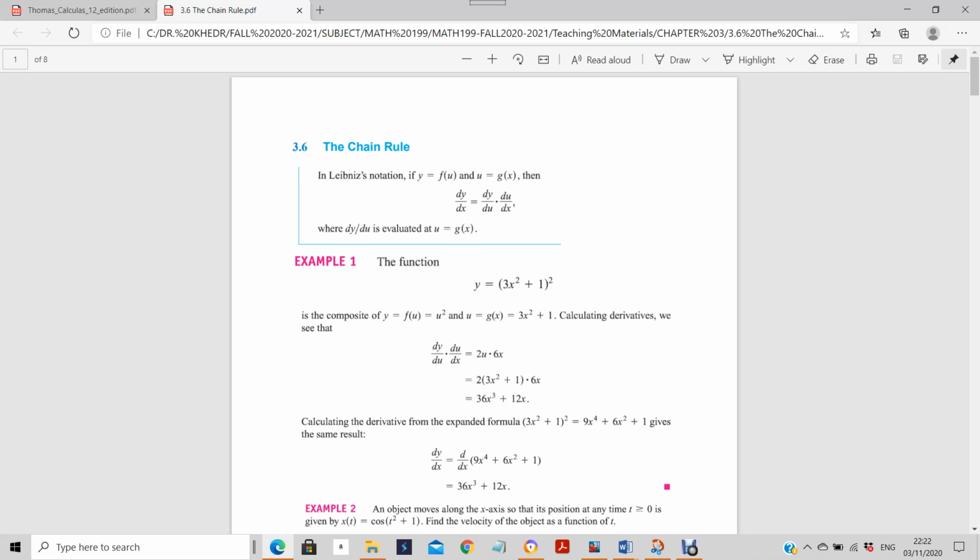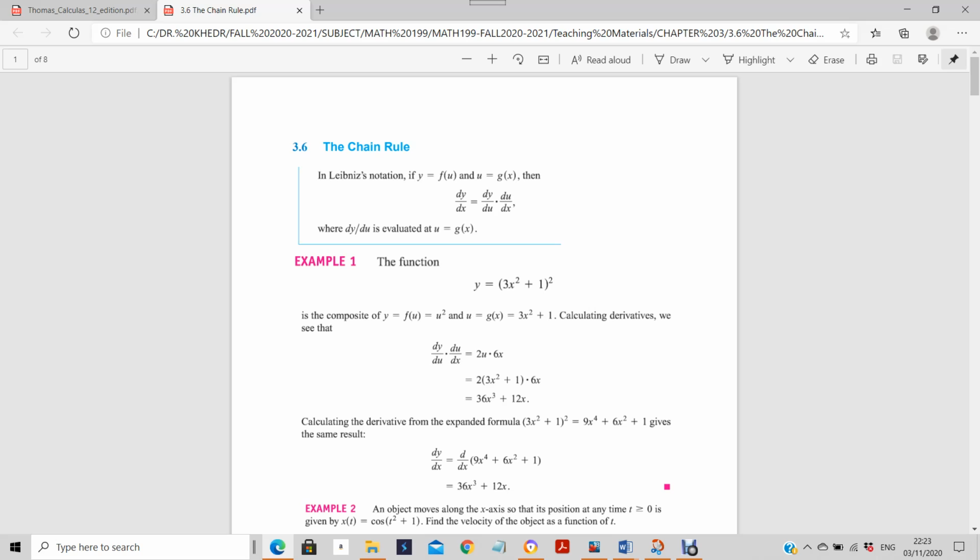So if we have a function y equals f of u, means it's a function of the variable u, and u is a function of x, u equals g of x, then dy by dx equals dy by du multiplied by du by dx.